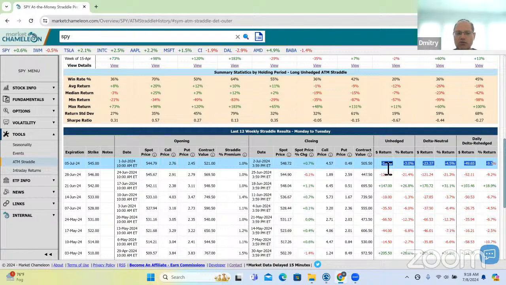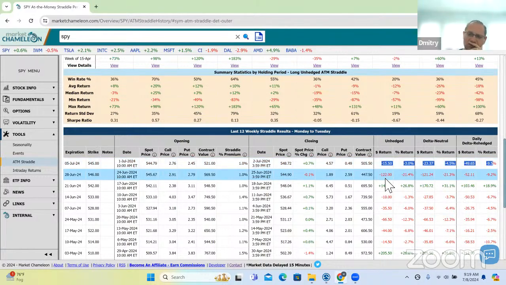Just doing the straddle outright, holding on to it, or hedging the delta and then waiting to the end, or trading delta neutral, rehedging the delta end of day every day. In this case, it would be just, I think, 1 day or 2 days.